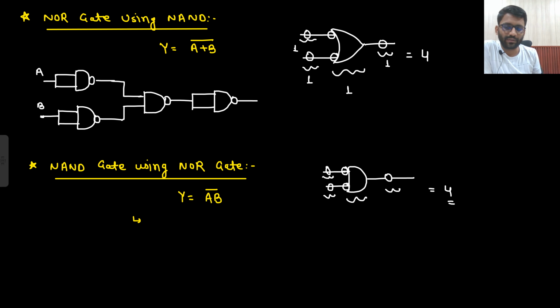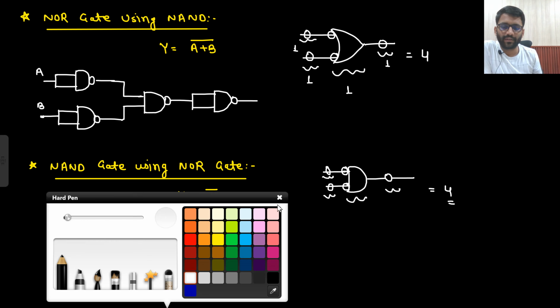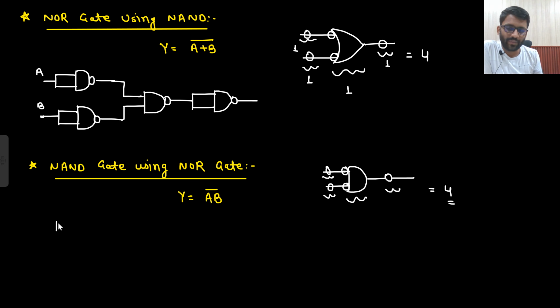How will you make it? These should be simple by now. Okay, you should be comfortable with these kind of problems at least. This is your A. This will be your P. I am simply making an inverter only.